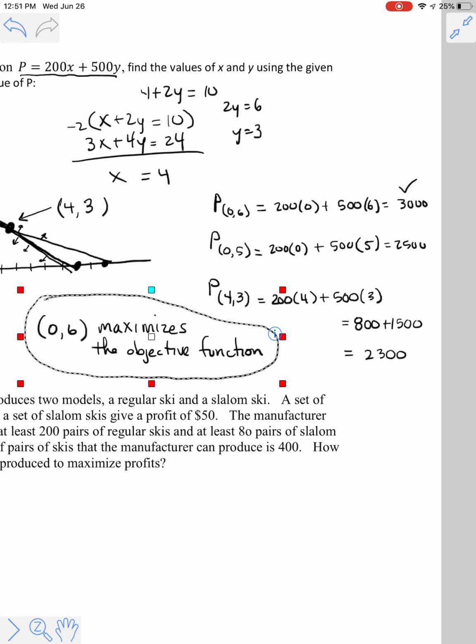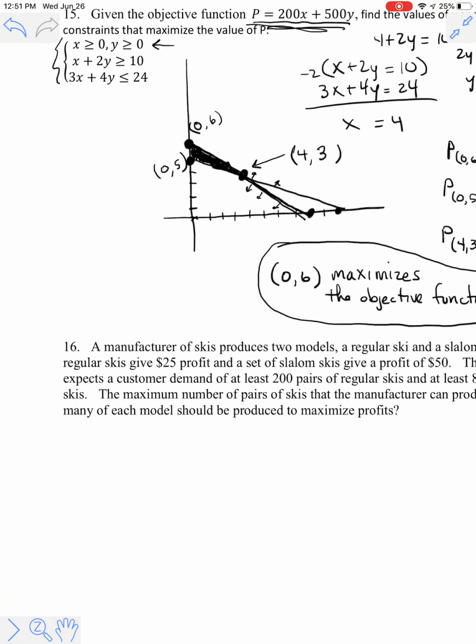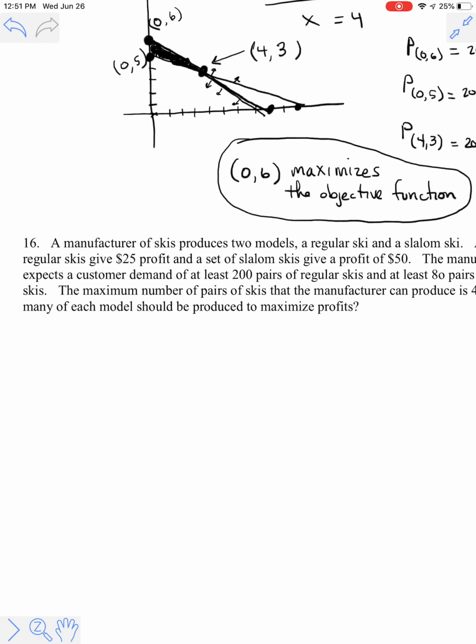Okay, last question is still a linear programming. The problem is we have not been given the objective function, nor have we been given these constraints. We got to come up with all of that. So a little more work involved. So the first thing we need to do is figure out what the objective function is.